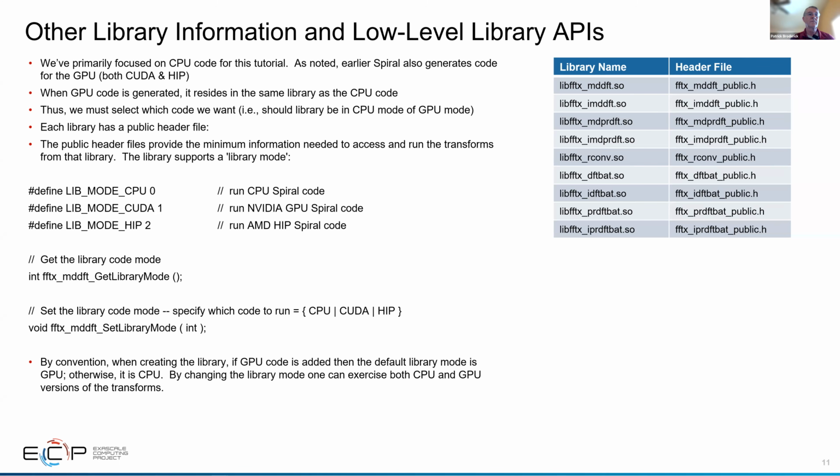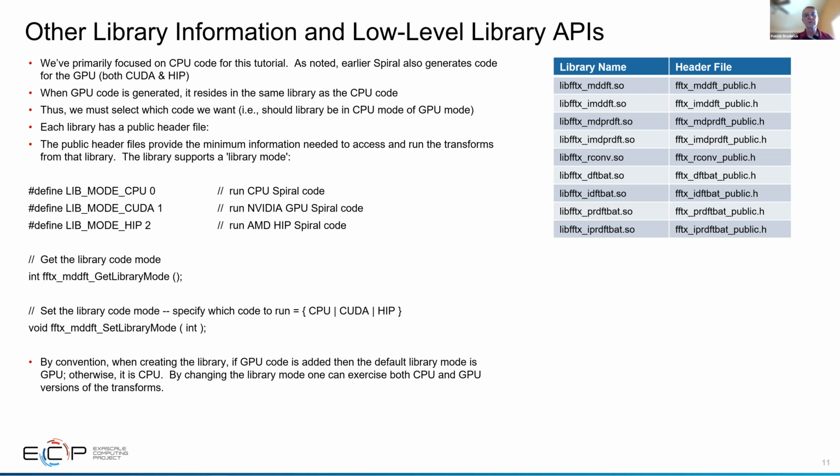One of the functions, or really two that I'm calling out here, is the get library mode and the set library mode function. That's not going to be very important when you only generate CPU code and there's nothing else in the library. But if you have both CPU and GPU code in the library, you need to know which mode you're operating in.